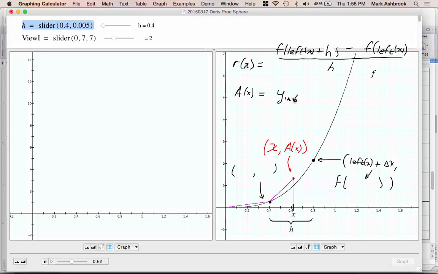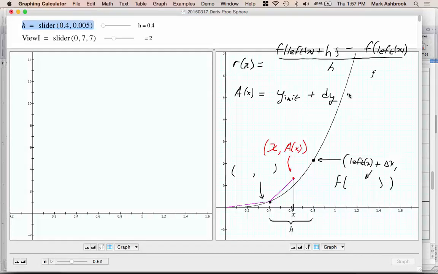Y initial plus the change in y. But that's not a full delta y because it's just partially into the interval. So that's the general structure of this y coordinate. It's going to be the y initial, this y coordinate of this, plus how much y changed to get to the current x.